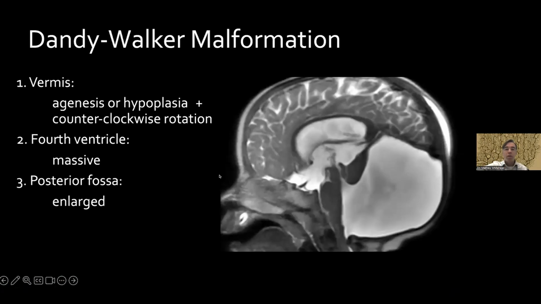So historically, the Dandy-Walker malformation was considered a vermis that was hypoplastic and counterclockwise rotated, massive enlargement of the fourth ventricle, and enlargement of the posterior fossa. But the latter two criteria have since been abandoned because these simply reflect the degree of CSF egress from the fourth ventricle or the lack thereof.